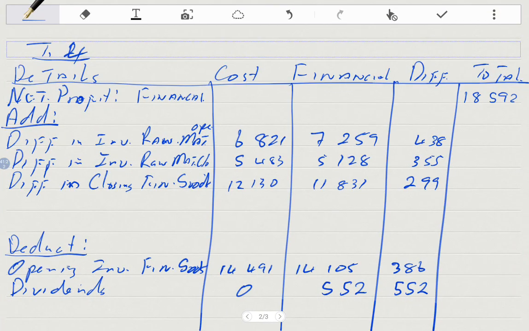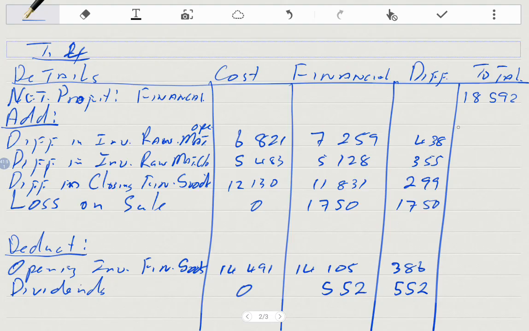So let's add that one back so that you have zero balance also. Loss on sale: nothing on the cost, and they've got 1,750 on this side.